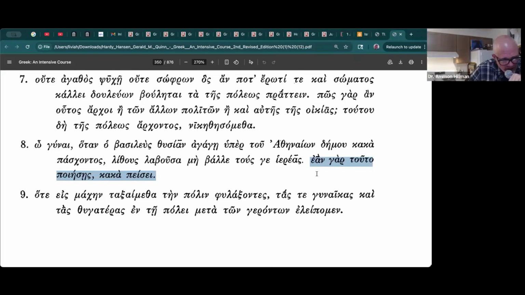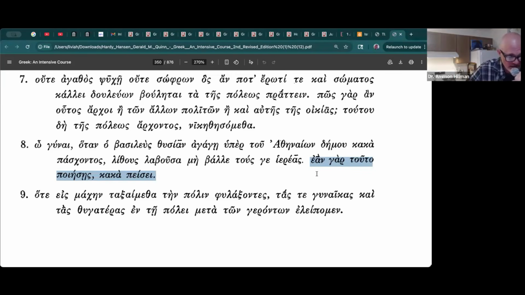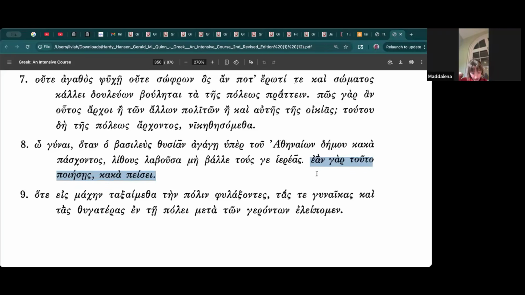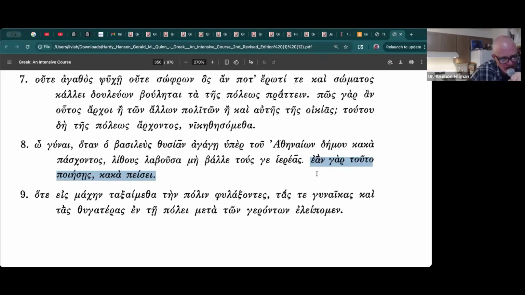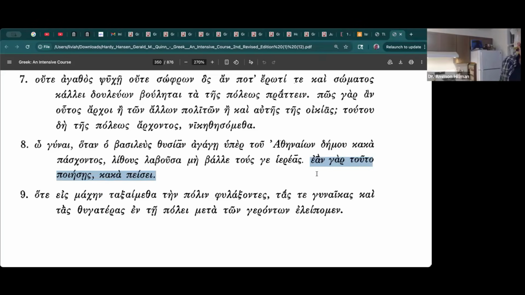Looks like a subjunctive, doesn't it? It does. It looks like a subjunctive, an aorist from poieo. Epoiesa is the aorist. So we've got a nice subjunctive. So we have an ean plus a subjunctive, followed by pese.